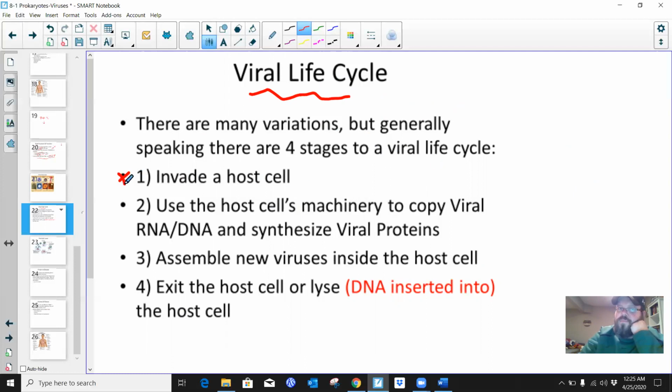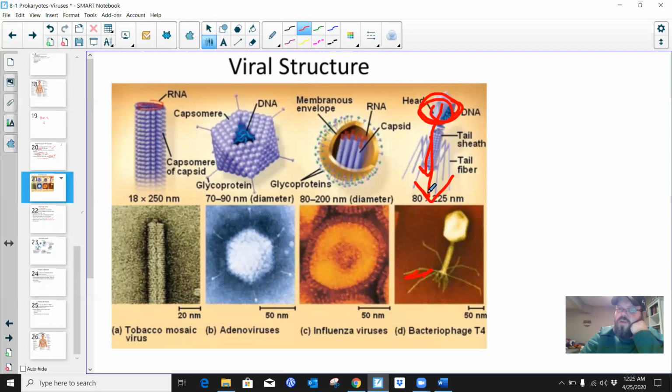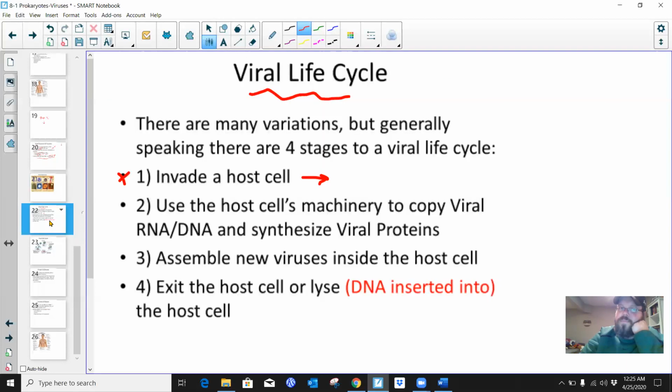Invade the host cell. So exposure to a virus, ultimately that virus finds a way to invade a host cell or host cells. And it injects that DNA or material into the host cell.